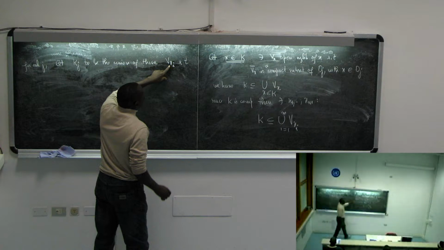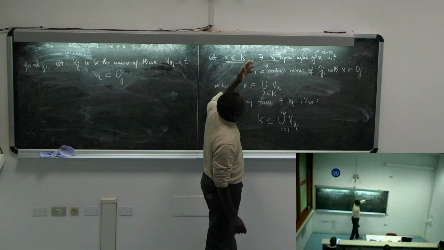Because when I get this Vxi, I know that by construction Vxi is a subset of Oj. And from here I get an open cover of K.